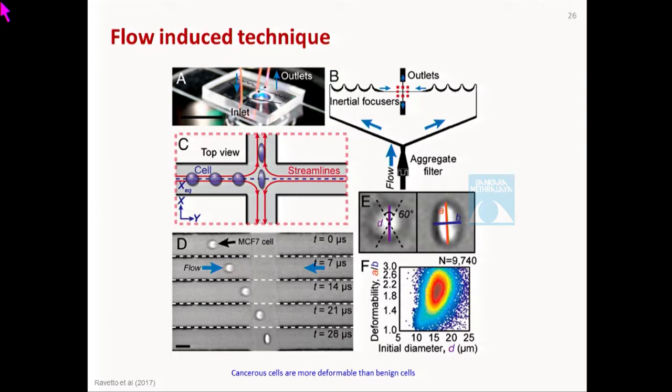They have studied how the deformability depends on the diameter of the cell. This is basically an index: if you have an elliptical shape, A is the major axis and B is the minor axis. The deformability index is nothing but (A minus B) over (A plus B). That means if a cell is very stiff, it doesn't deform at all, and the deformability index is going to be 0. And if it is 1, then it is highly deformable.